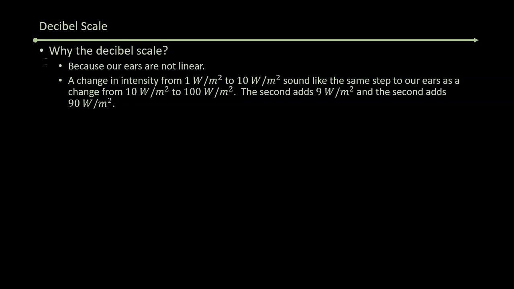We hear in a nonlinear way. We hear in a logarithmic scale. There are a lot of processes in the human body, both sight and sound among them, where we use a log scale for looking at intensity because that gives us what we call in physics a much larger dynamic range. If we were linear in this scale, our dynamic range would not be nearly as good as it is.